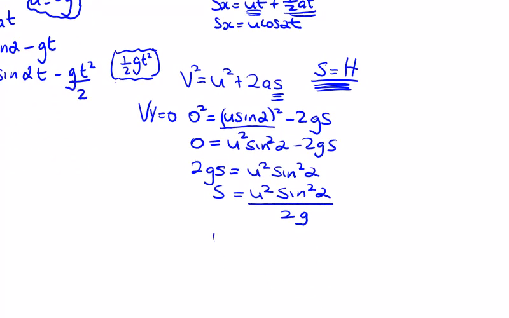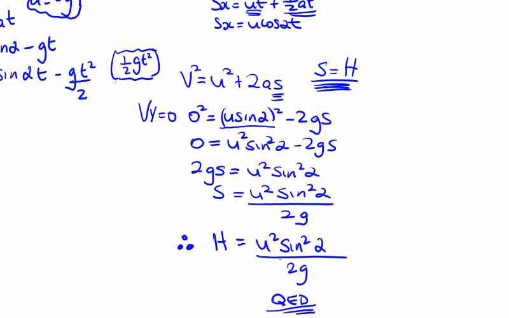And we were asked to show that h is equal to u squared sine squared alpha over 2g. So therefore, that's what h is. And we could write quod erat demonstrandum at the end, that which must be demonstrated or proven.